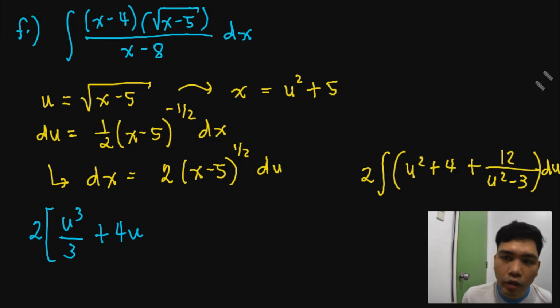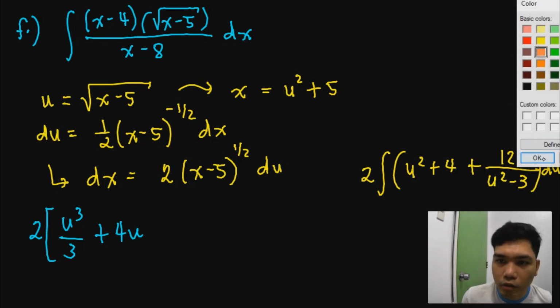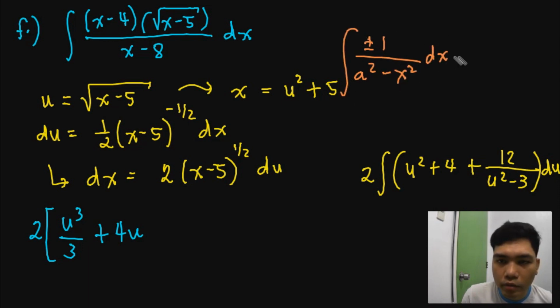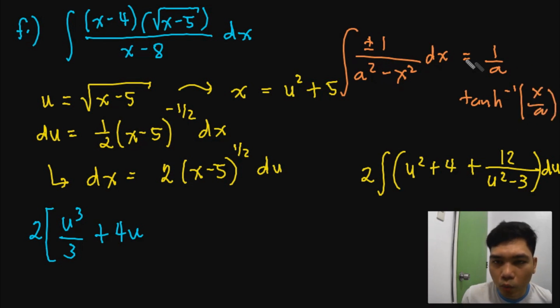If you look at the rules, I'll be using the one in terms of inverse hyperbolic tangent. We know quite well that if you have plus or minus 1 over a squared minus x squared, the integral of that with respect to dx is equal to 1 over a times the inverse hyperbolic tangent of x over a. So why can we use this even though a squared comes first before x squared?